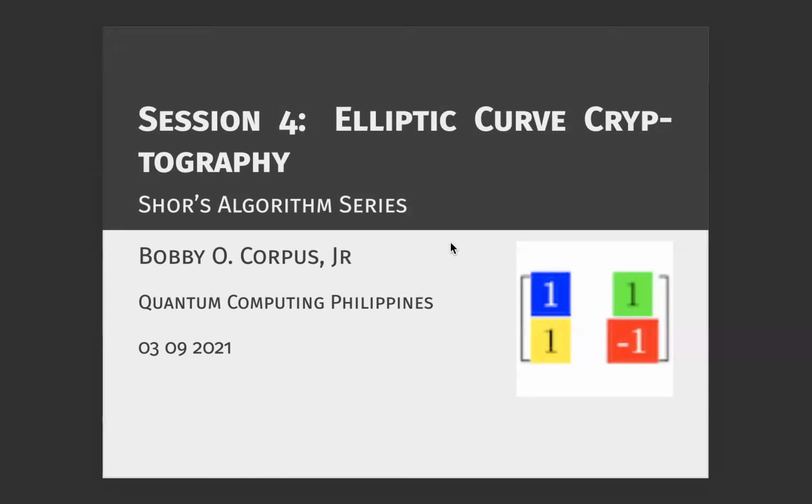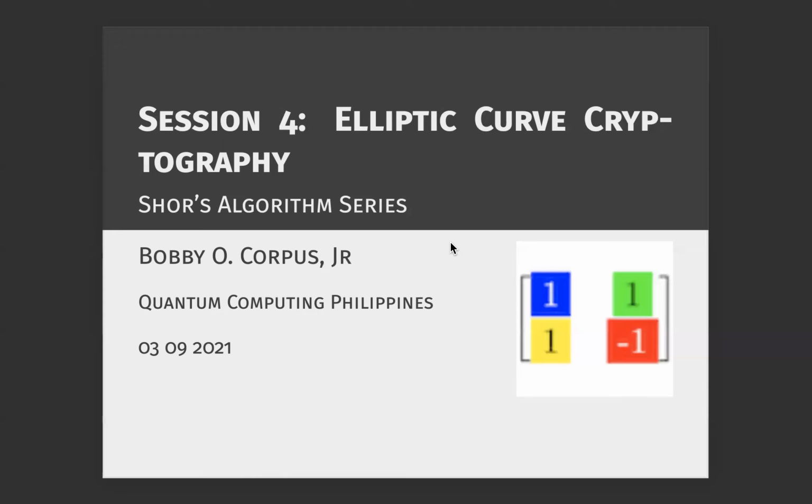And the thing about ECC, which is the same as RSA, is that it has a mathematical structure. And because it has a mathematical structure, there is a formula: if you know the private key, you know how to reverse the encryption.